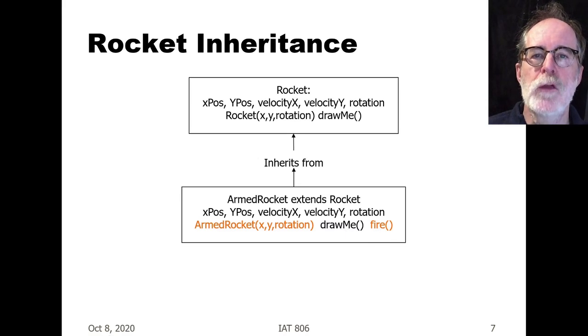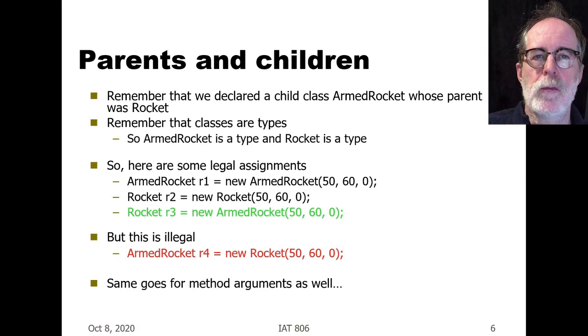So if you constructed a Rocket and assigned it to an ArmedRocket variable, that variable r4, going back one slide, there it is, r4 would expect to have a fire method, but it doesn't. Because of that potential problem, this kind of assignment of child variables with parent class items is not legal.